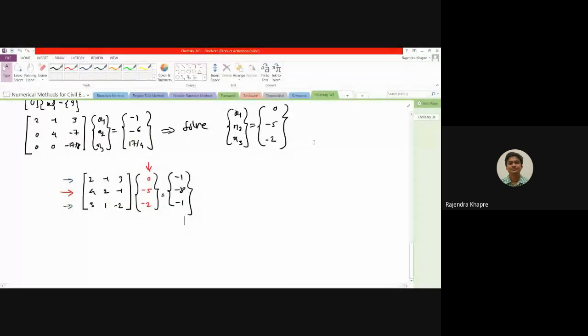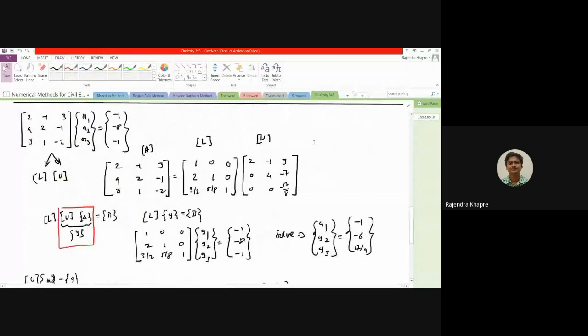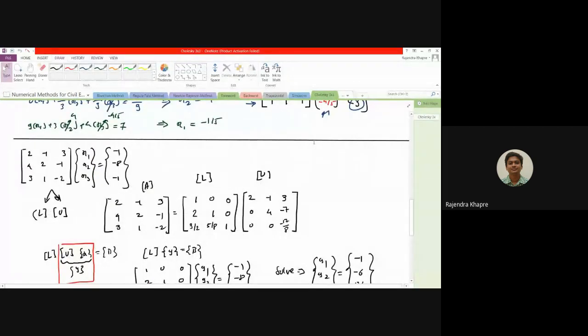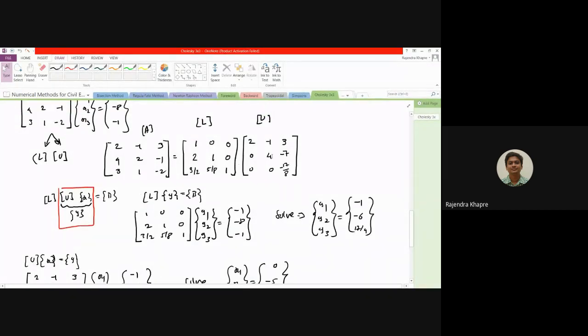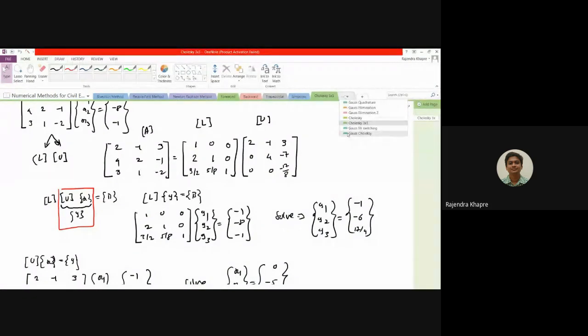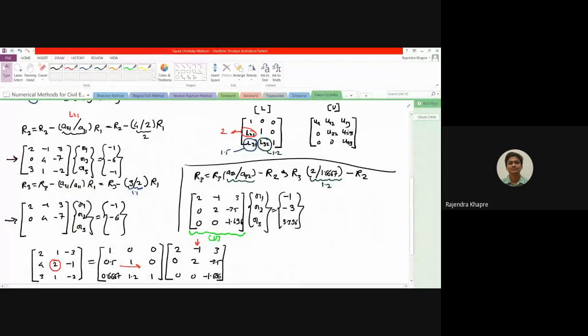I think we have already solved this in the previous class, ना? ये वाला problem solve किया था हमने. So you should get the L matrix and U matrix like this: 0, 0, 4 and minus 7, something like that, the U matrix. ठीक है, वही आएगा. हाँ, बताओ.